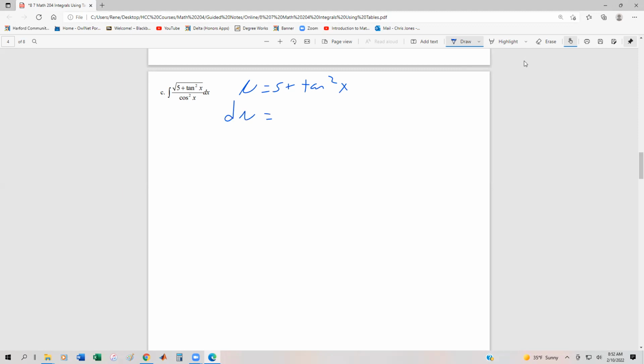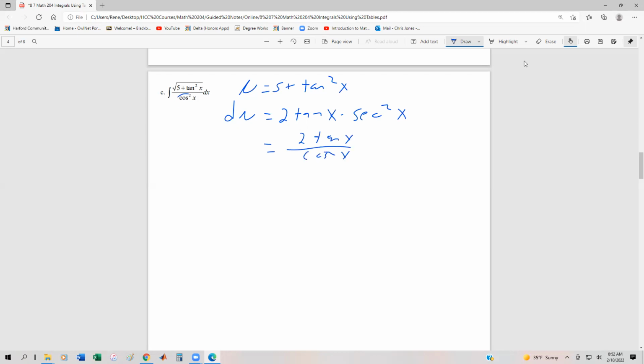And du, the derivative of tan square, is going to be a chain rule. So it's going to be 2 tan x multiplied by the derivative of tangent, which is secant square x. Or another way to write this would be 2 tan x divided by cos square x.